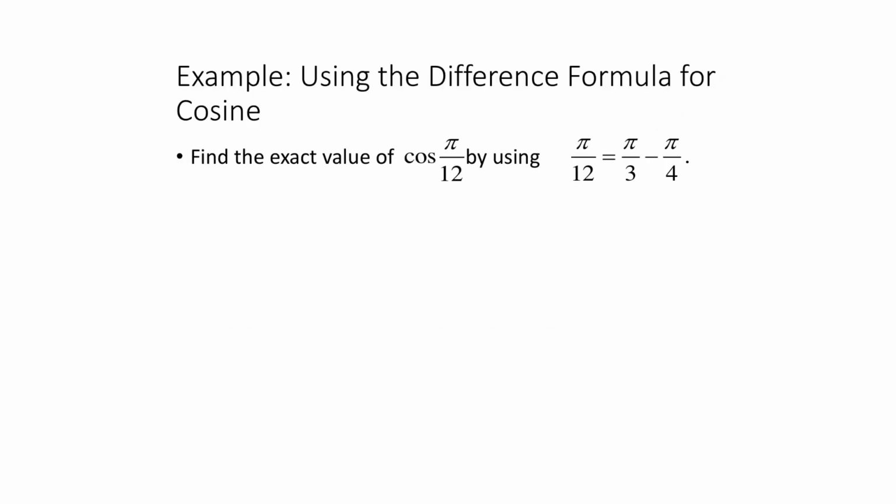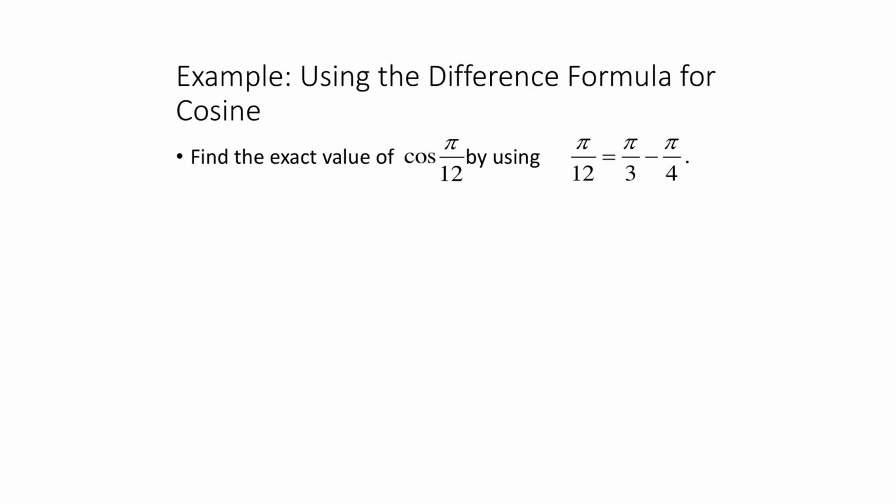So let's work through an example where we take an angle given in radians and re-express it using differences. Identifying and recognizing these, for me, is usually easier to think of in terms of degrees, and pi is always equal to 180.